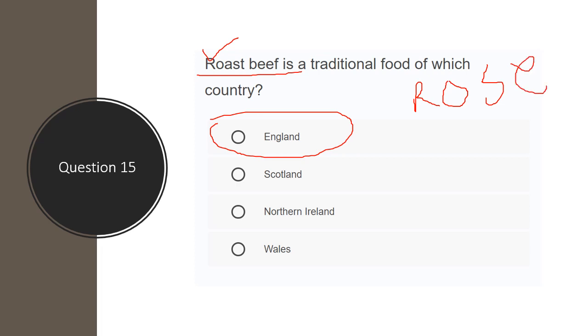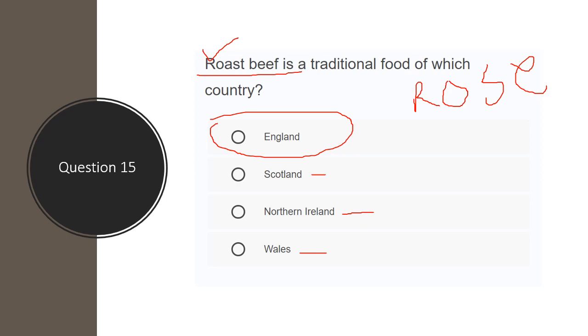Okay, now there are three other countries. You can sometimes have a question about Scottish traditional food or Northern Ireland traditional food. So how do we do that? Okay, Scotland's traditional food is haggis. Okay, Northern Ireland's traditional food is Ulster fry, and Wales' traditional food is Welsh cakes.